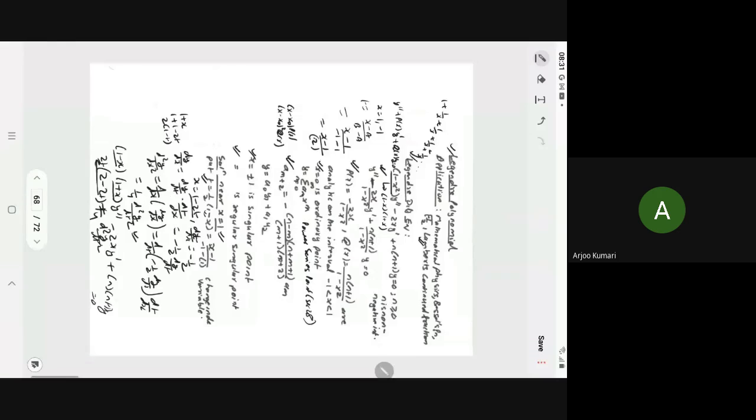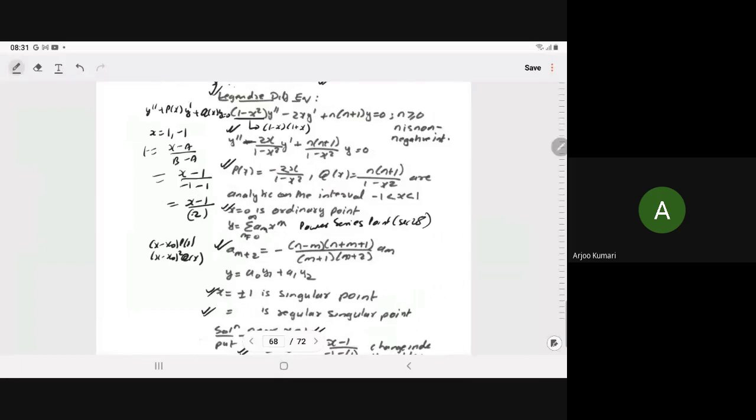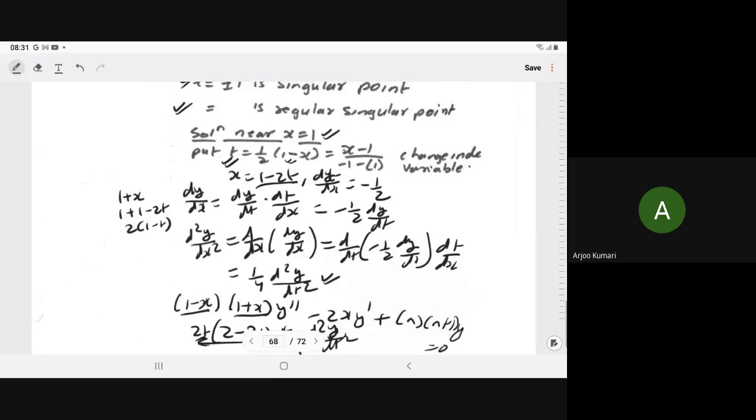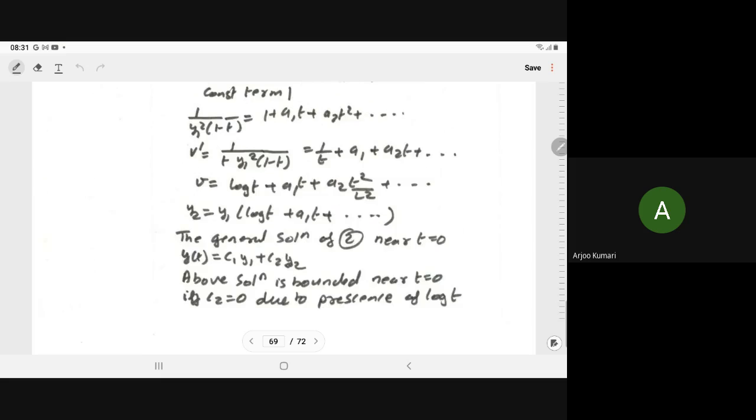So it will come, so 2 and 2 will cancel out. So you will get the standard hypergeometric equation.